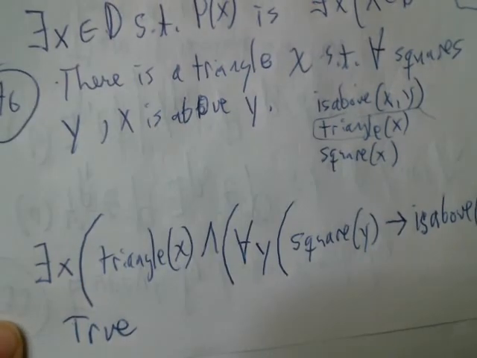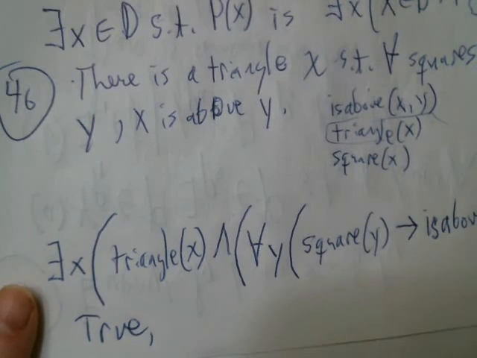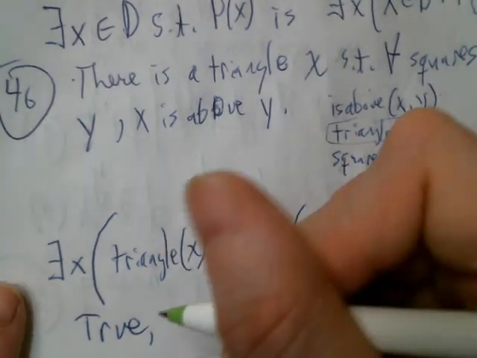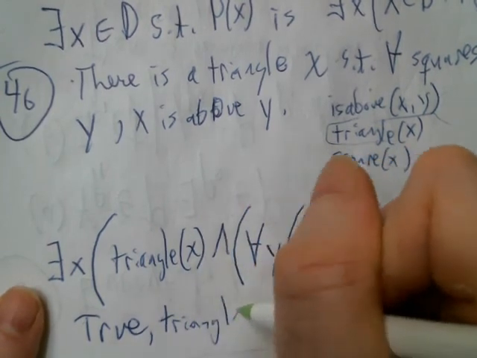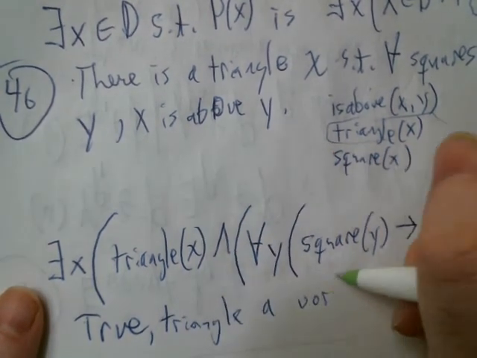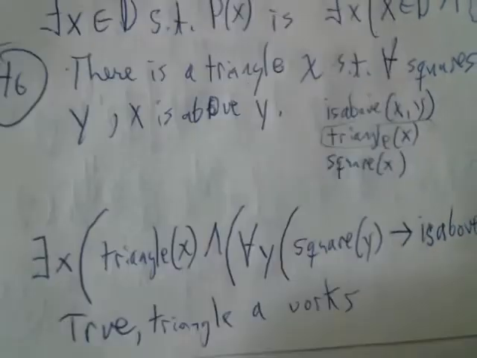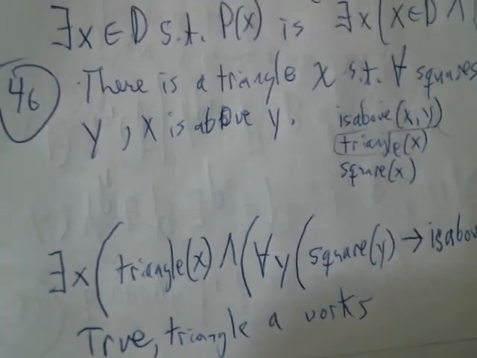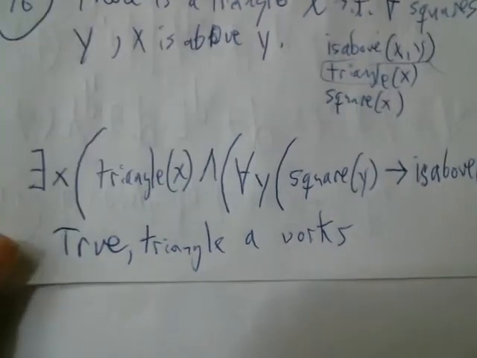I don't know, but I found one, so I'm done. So it's true. And maybe the software will ask you for which particular triangle works. True, triangle A works. Okay, so you always want evidence and proof. It's a good idea. This triangle A is right here. Okay. Then they want you to negate the thing. Okay, it seems like a tall order, but it's no big deal.